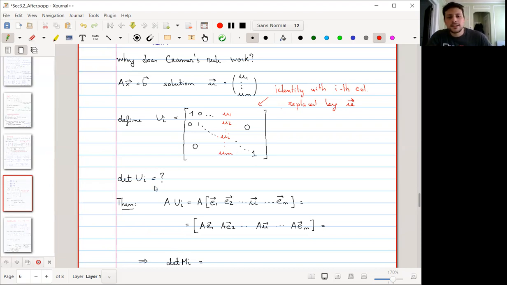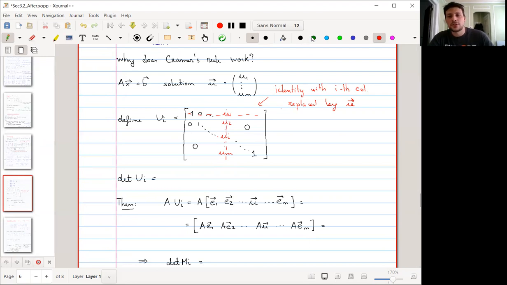Now, let's take a moment to think about what the determinant of Ui is. To compute this determinant, I can do a cofactor expansion along the column U, but you start to see immediately what happens. So if I look at cofactors through this column, for example, let's have a look at the first one. I must erase the first row in this column to compute it.